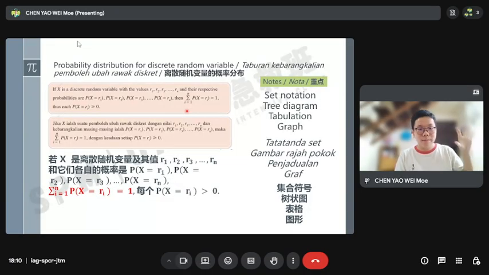All the probabilities we add up together, you will get 1. So we can use this to find one part of the probability. This is how things go.